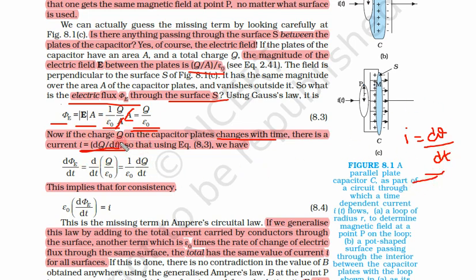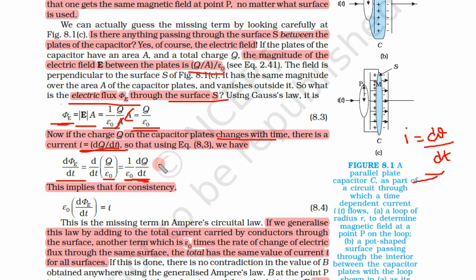So let us put the value of this charge in terms of current. When we differentiate this flux, we get d phi E by dt, which is equal to d upon dt of q upon epsilon naught. Since 1 by epsilon naught is a constant, it comes out and we get dq by dt.